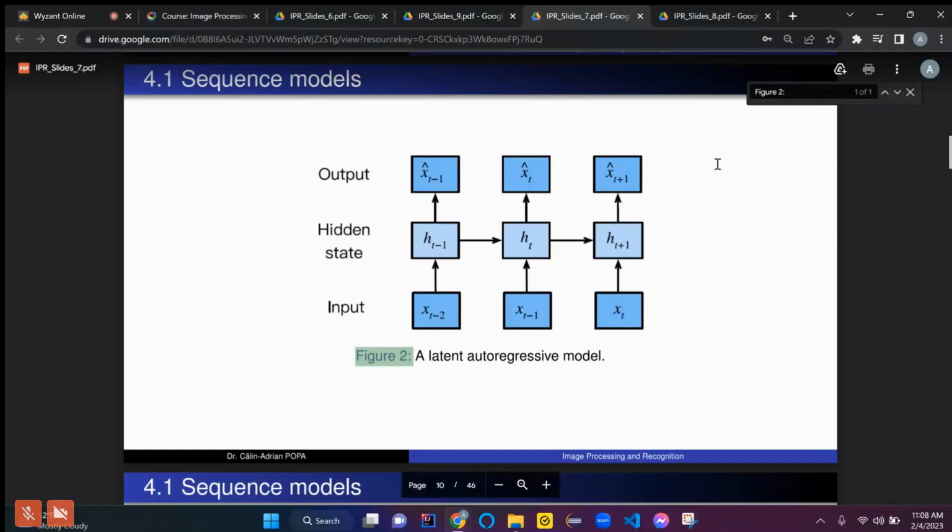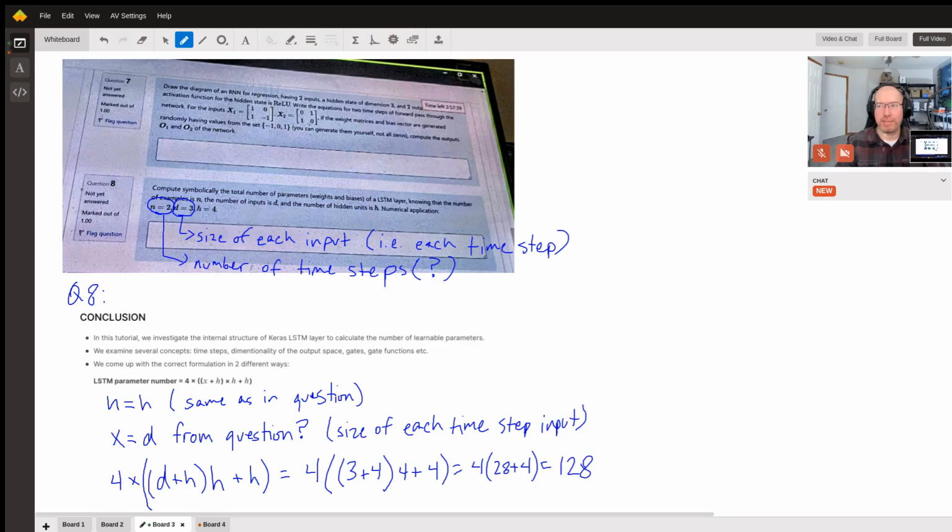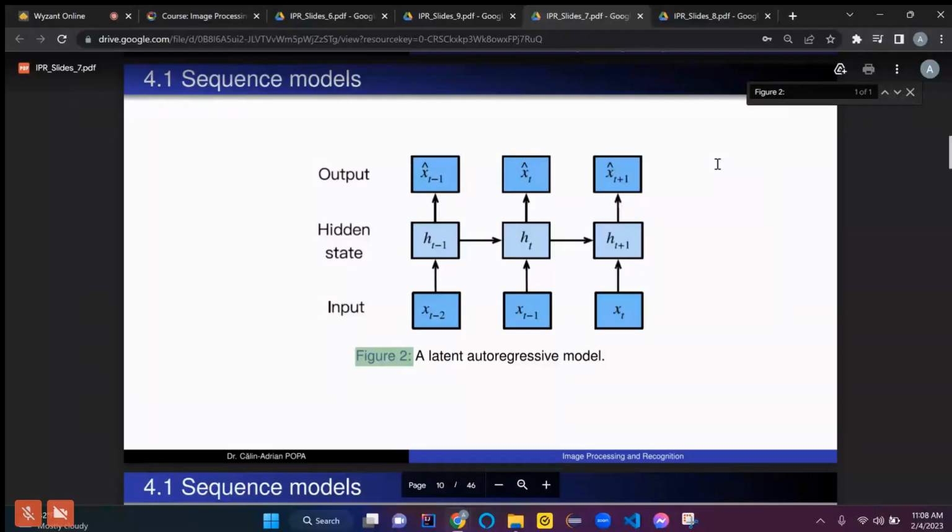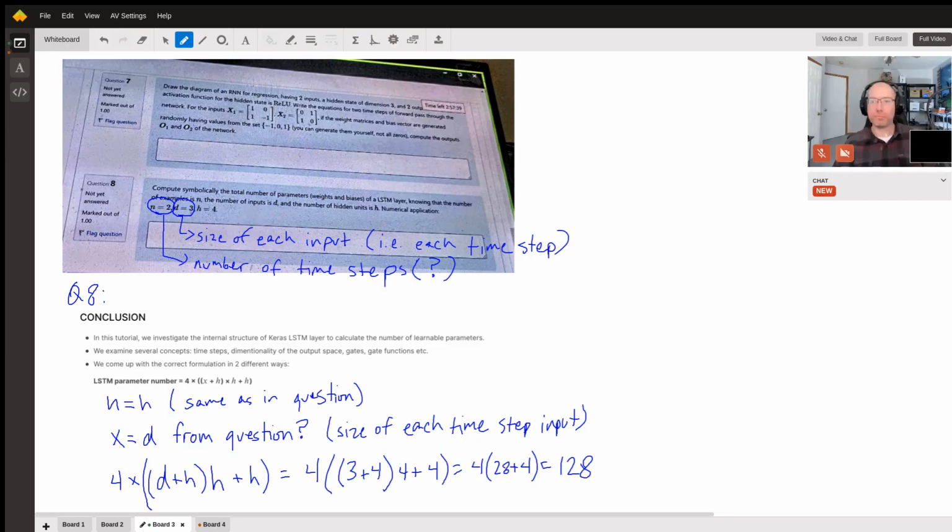Let's see. So they want 2 inputs and a state of dimension 3, and 2 outputs. Okay, wait, can you go back to figure 3 again? I'm just trying to figure out which, I mean, these all kind of look alike.